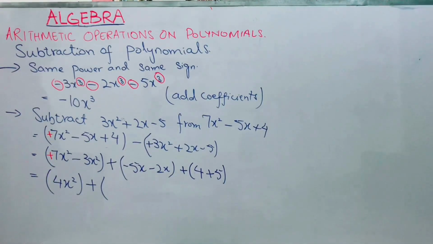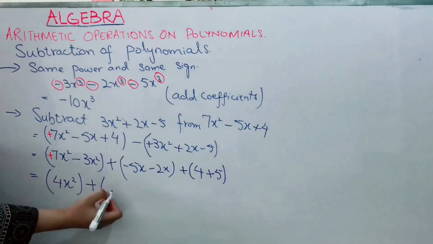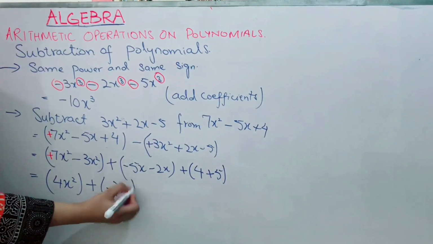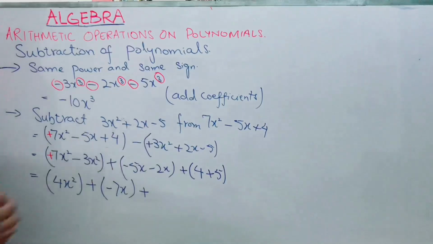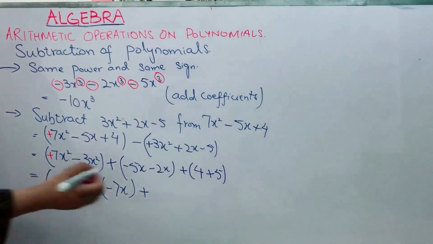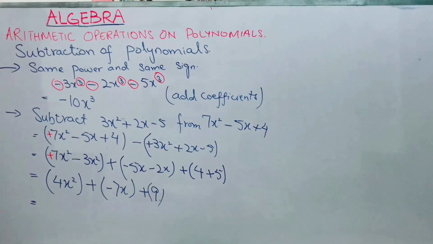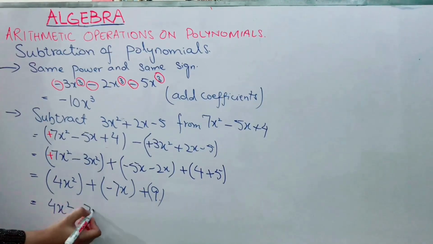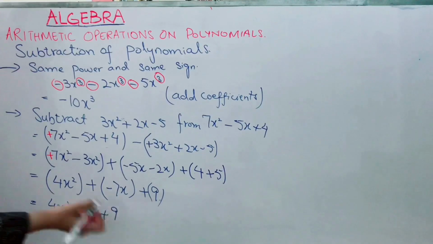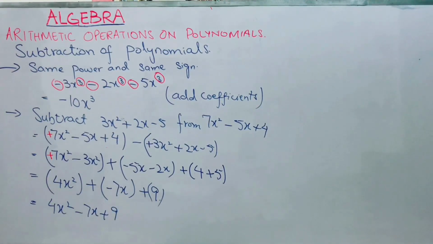Minus minus is plus. So 5 plus 2 is 7, but the sign will remain negative. Then plus in the middle and 4 plus 5, that is 9. You can open your brackets, it becomes 4x square minus 7x plus 9. That is your required result.